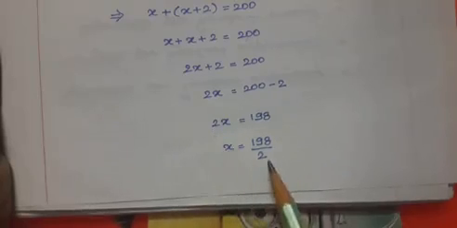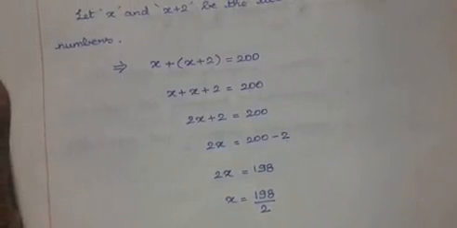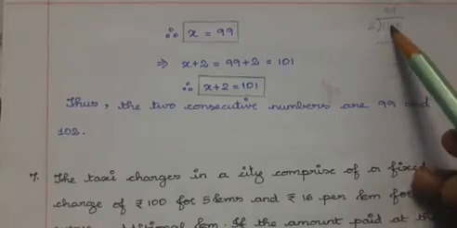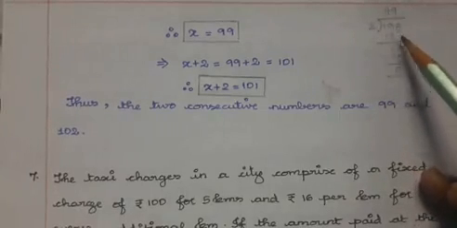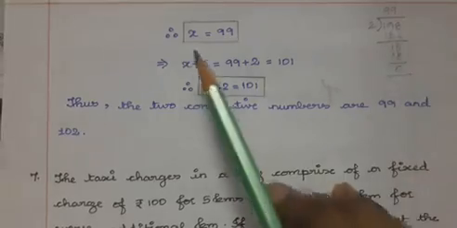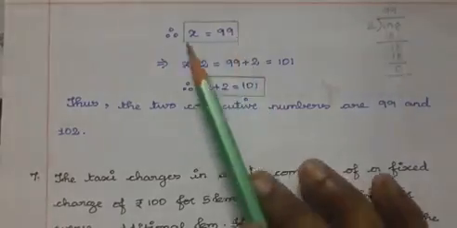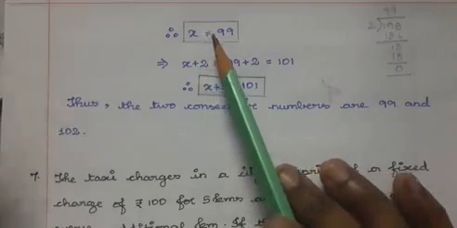Multiplication of 2, when it goes to the other side, it becomes division. Yes. Then when you divide 198 by 2, you will be getting 9 2s are 18, remainder 0, 8 down, 4 2s are 8. Therefore, when you divide 198 by 2, x is equal to 99. X is nothing but the first consecutive number.